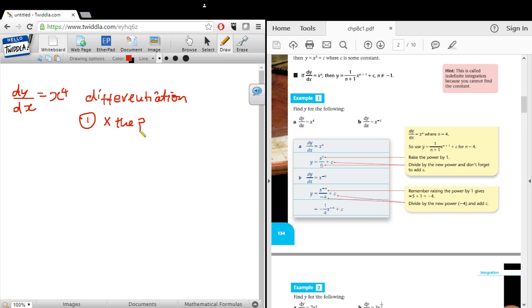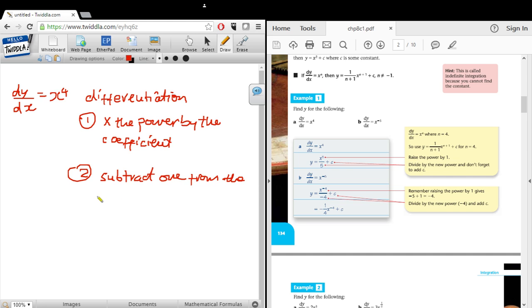Multiply the power by the coefficient, and then subtract 1 from the power. And we saw that with dy/dx equals nx^(n-1) when y equals x^n, right?